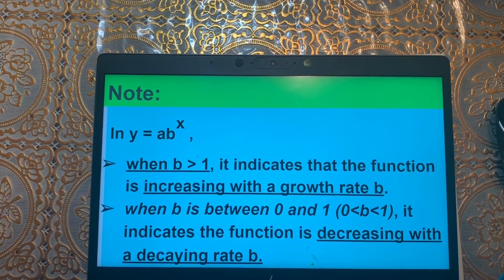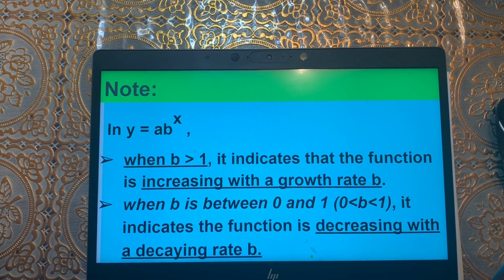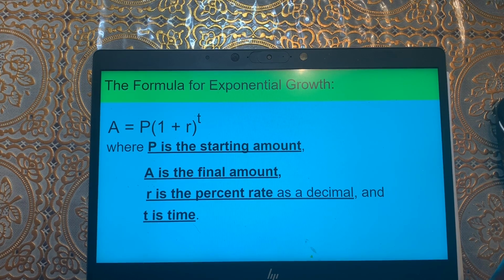So before we do the actual examples or application of logarithms, I would like to review the important formulas we need. The first one is A equals P times (1 plus r) to the power of t.